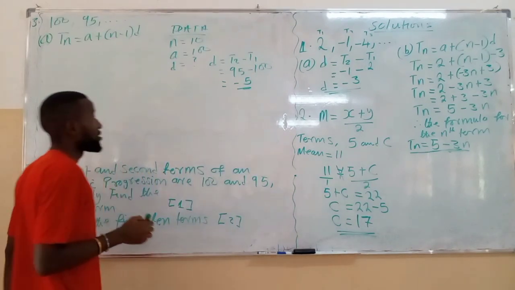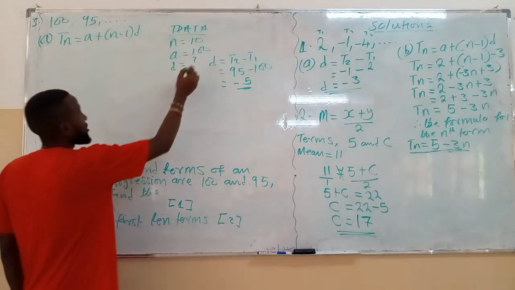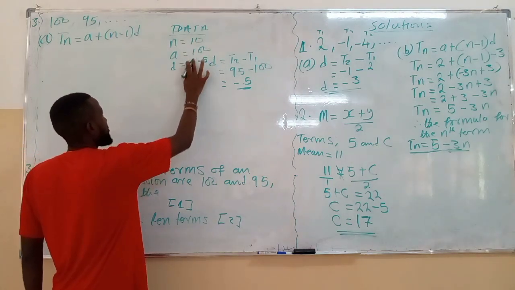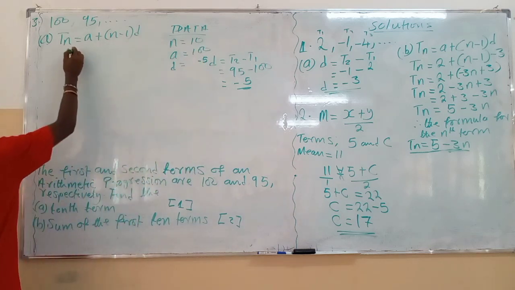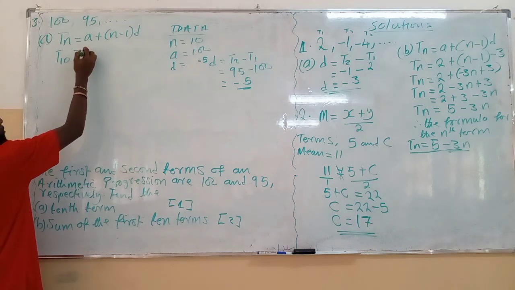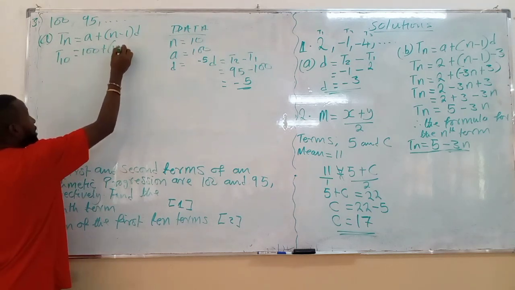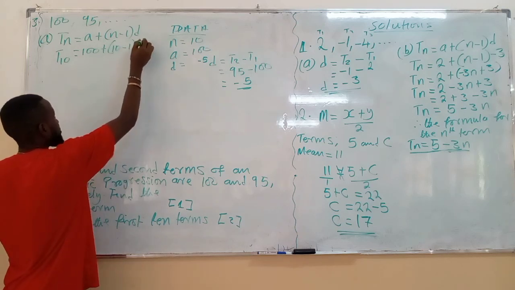Negative 5. That is my common difference. Then I replace in the formula where I'm asking, what is my 10th term now? The 10th term is 100 plus 10 minus 1 times negative 5.